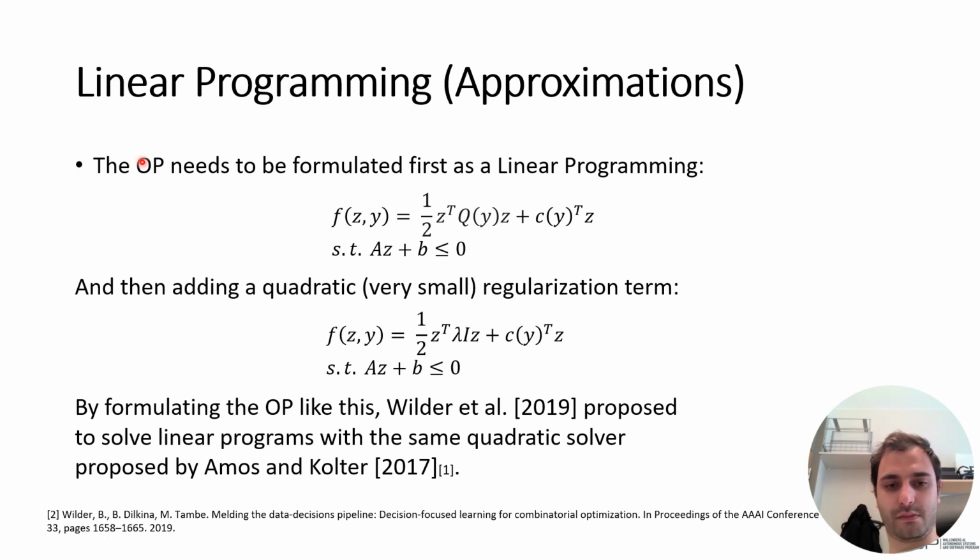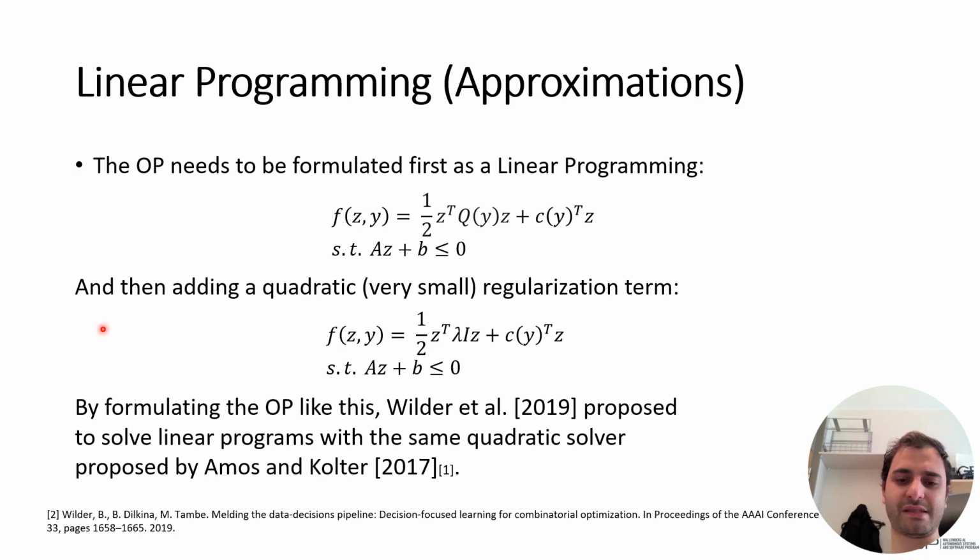Okay, we also have works that deal with linear programming, but they are mainly approximations. The first one leverages the previous work, which is from Amos and Kolter 2017, but they add a very small quadratic regularization term. So basically this Q here will be very, very small, as we put here as lambda I. By putting this, we assure that this is much smaller than this, and we have an approximation of a linear program.